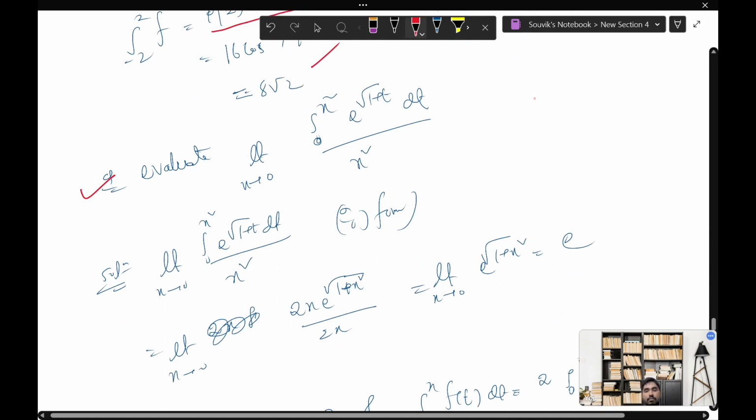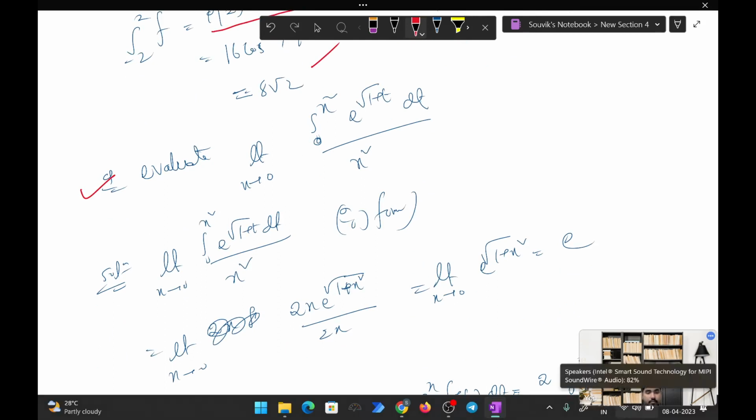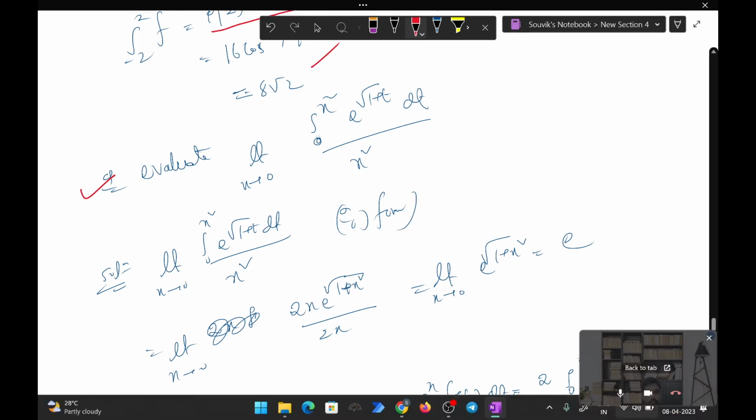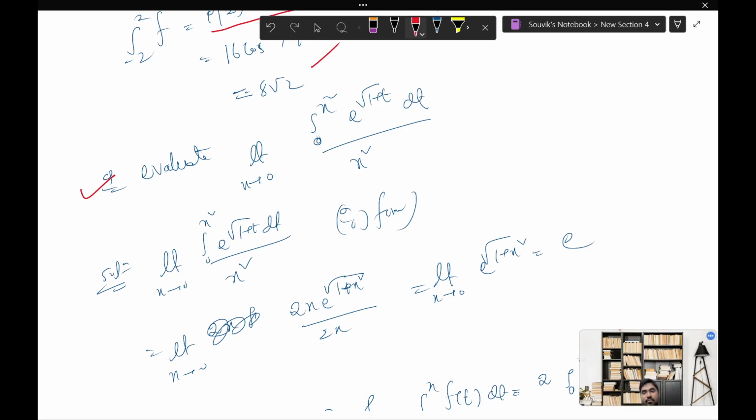Now we have also evaluated the following limit as x goes to 0 of the integral from 0 to x squared, over x squared.